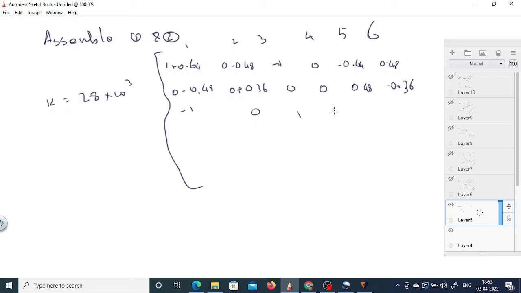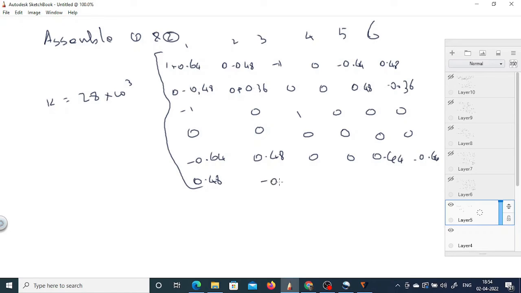Minus 1, 0, 1, 0, 0, 0, and then 0 0 0 0 0 0. After that minus 0.64, 0.48, 0, 0, 0.64 and then minus 0.64 and then 0.48, minus 0.36, 0, 0, minus 0.48 and 0.36.